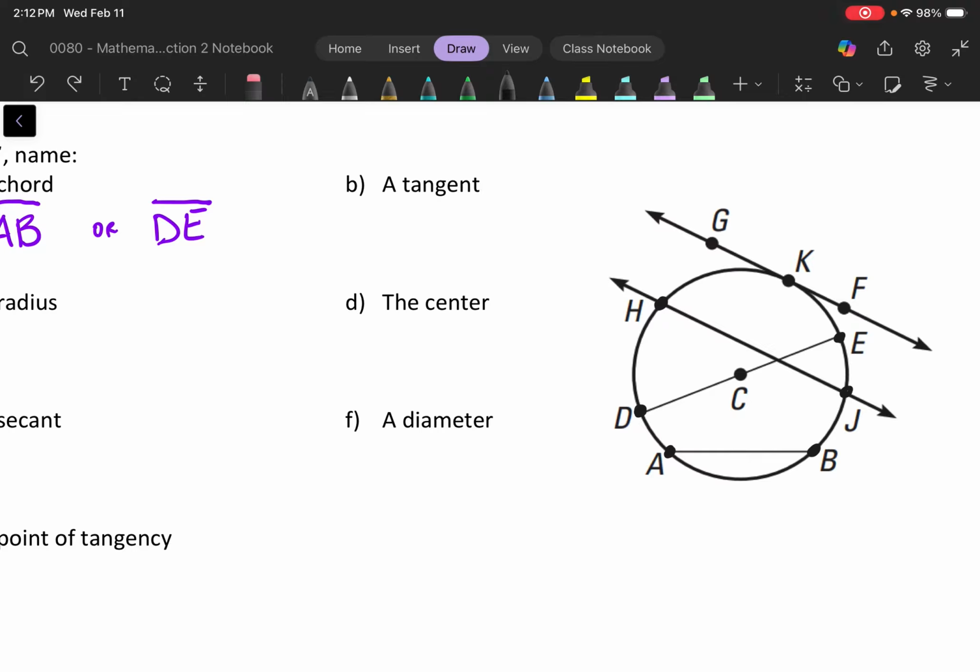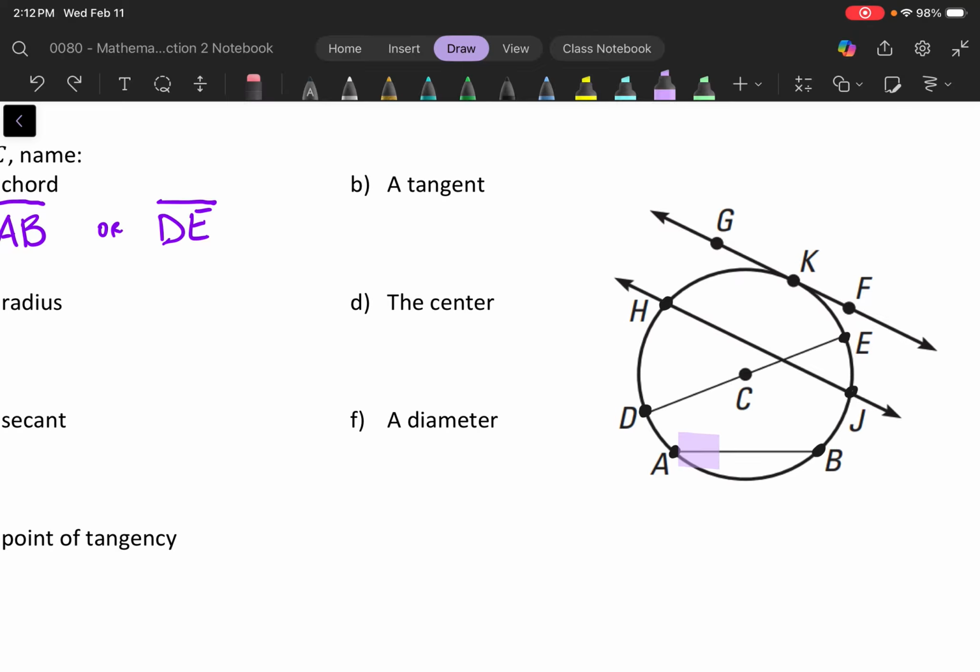Okay? Now, given that, remember we were talking about chords. Chords are line segments that start and end on the edges of the circle. So we were talking about these already. Technically speaking, we can also say H to J. As long as we're referring to it as only that line segment, only that highlighted portion that I just colored in. Because if I put HJ with arrows on top, that refers to the line.